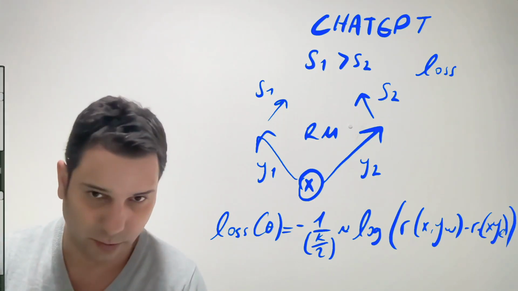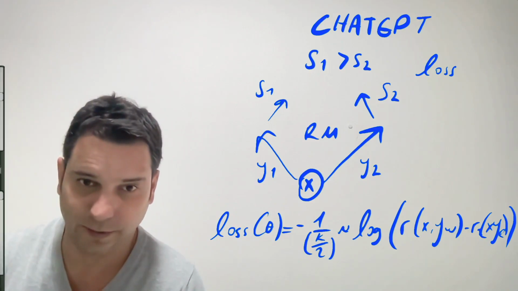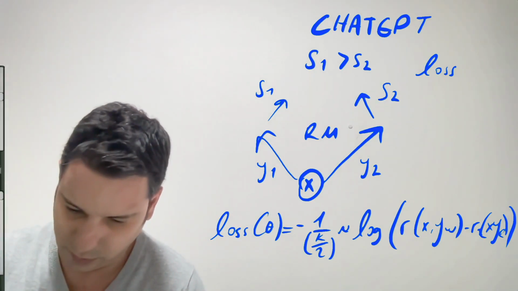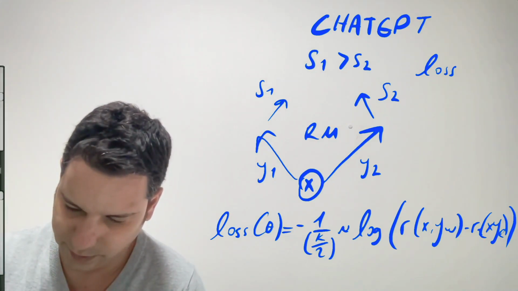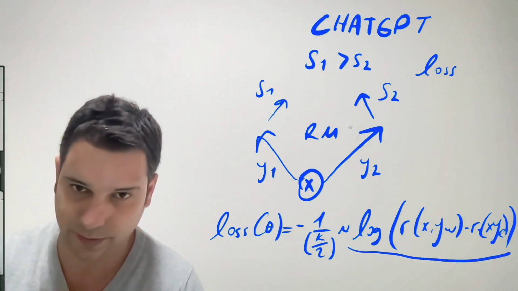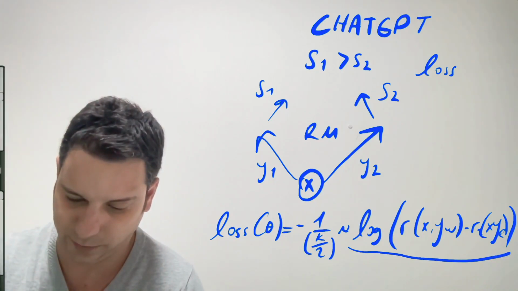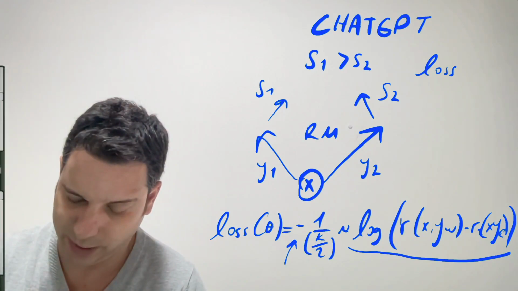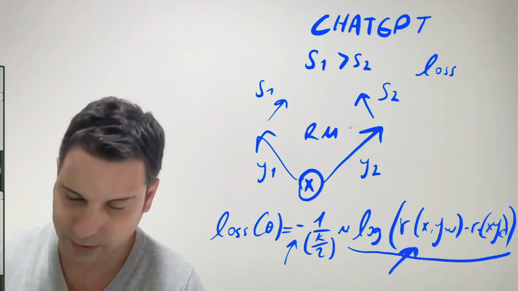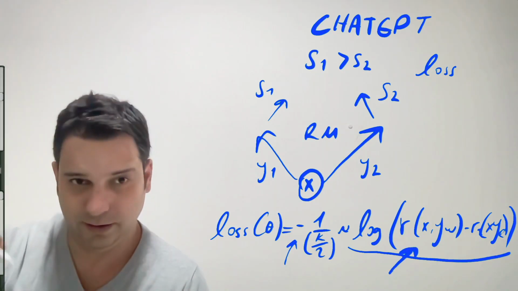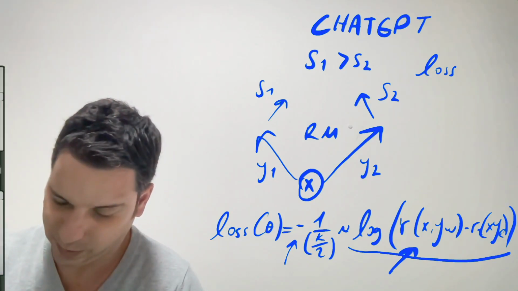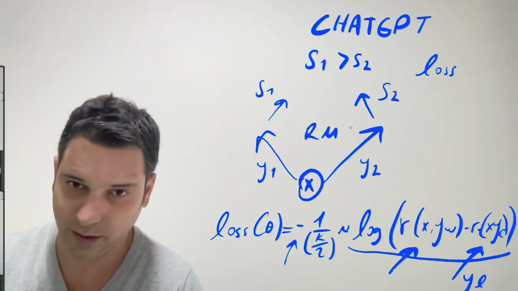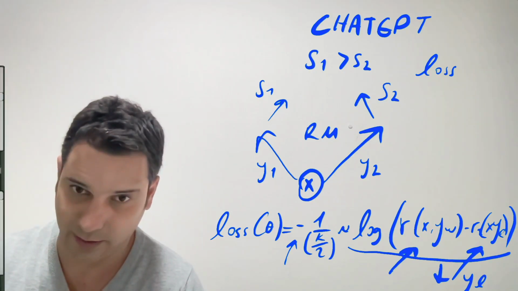response. So with this kind of loss function, the loss wants to be minimized, so this part should be increased because we have the minus here. And so what happens is that the reward of the winning goes up, and the reward of YL, which is the losing, goes down.